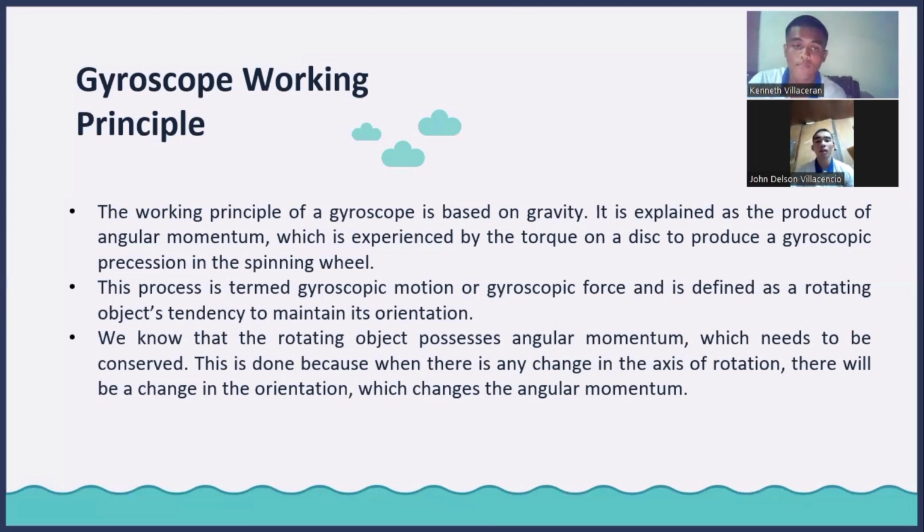We know that a rotating object possesses angular momentum, which needs to be conserved. This is done because when there is any change in the axis of rotation, there will be a change in the orientation, which changes the angular momentum.